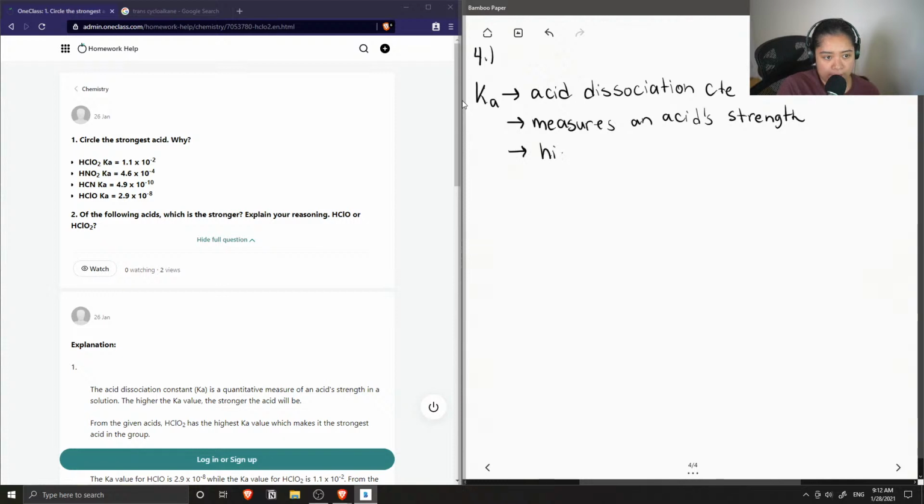So when we have a higher Ka value, this means we have a stronger acid.